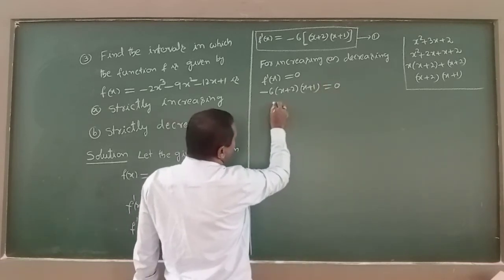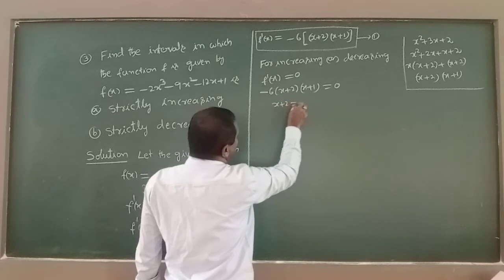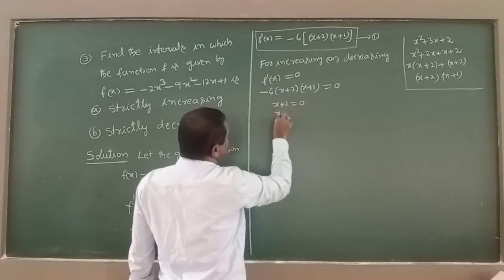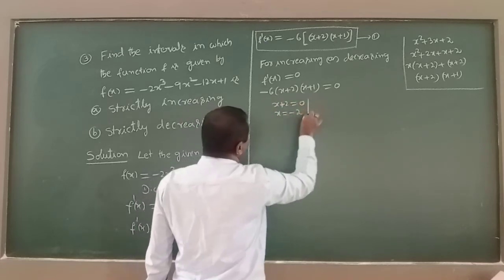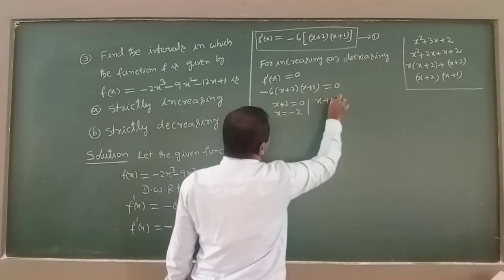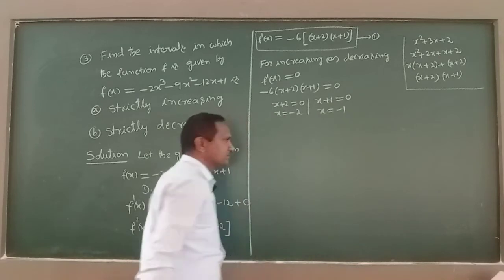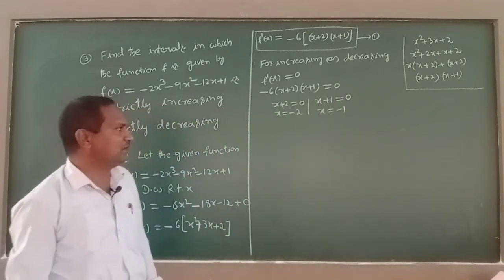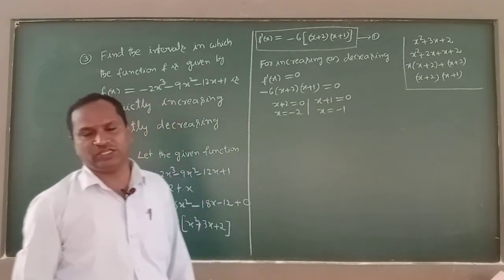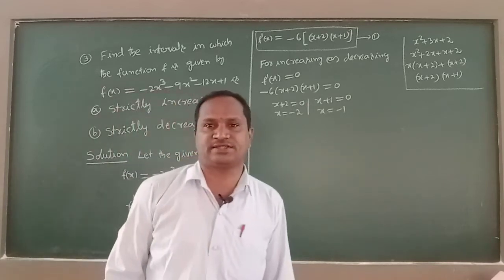We can write x plus 2 is equal to 0, or x is equal to minus 2. Next, x plus 1 is equal to 0, or x is equal to minus 1. We got two values, minus 1 and minus 2. These two are the values for x.